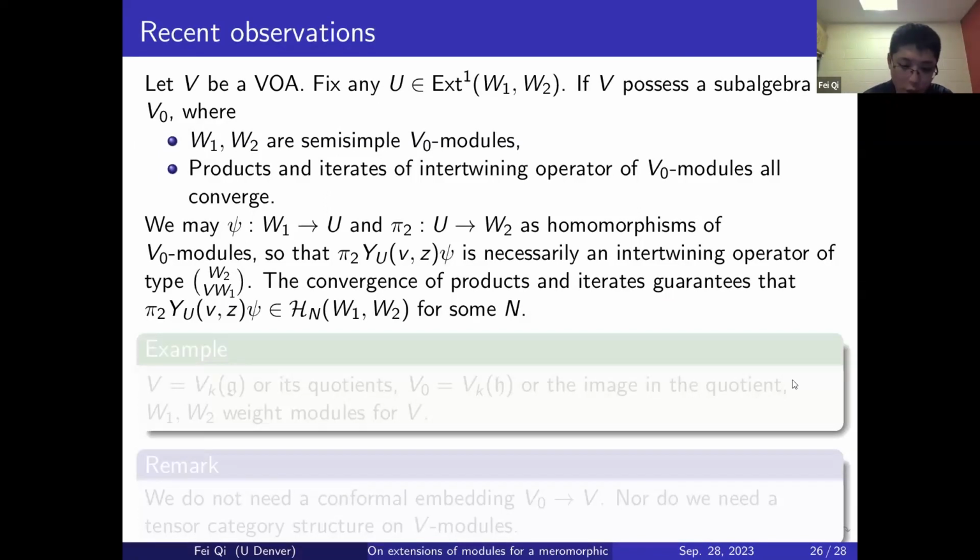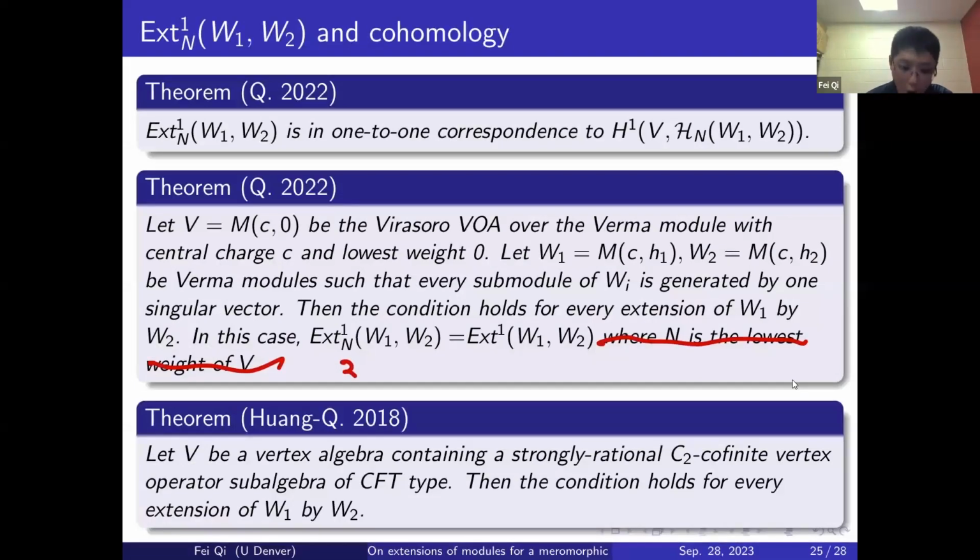So the recent observations are the following. Requiring V to contain such an algebra is usually overkill, because in such cases there's a much easier way for us to do the extension, namely the simple current extensions.